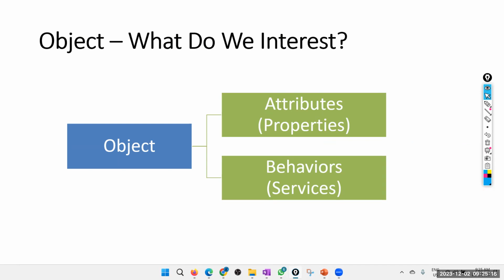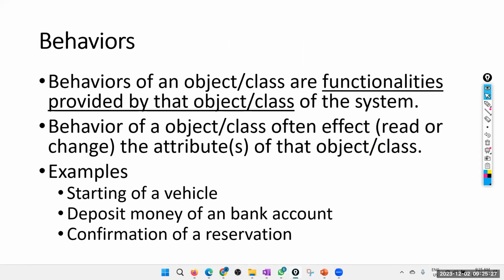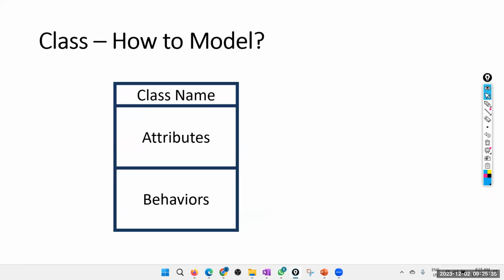We are interested in the attributes and behaviors which are related to our system. Attributes are properties or states. Behaviors are the things that the object can do, the services that the object can provide to the system. Then we discussed how we can model a class.